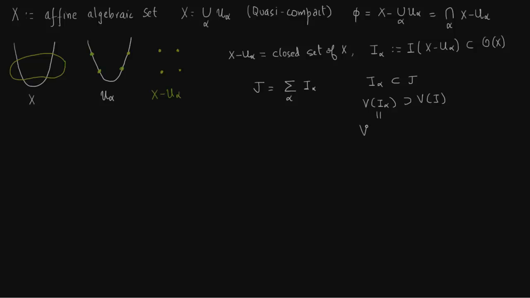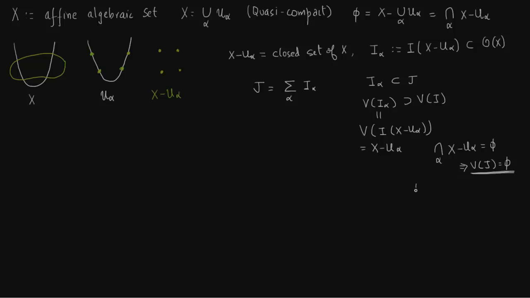I'm copying the definition down: X minus U alpha is closed, so we get X minus U alpha here. Each X minus U alpha contains the vanishing set of J, so their intersection also contains the vanishing set of J. In particular, this intersection is the null set, as we have written in the first line. The null set is equal to the intersection over alpha of X minus U alpha, which implies the vanishing set of J is the null set, and therefore now you apply the Nullstellensatz.